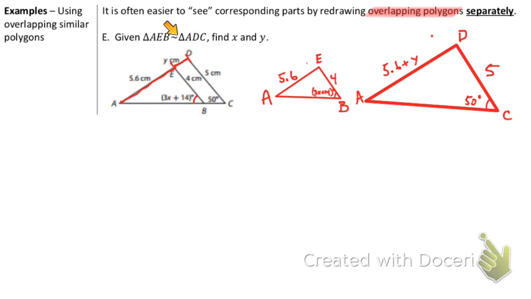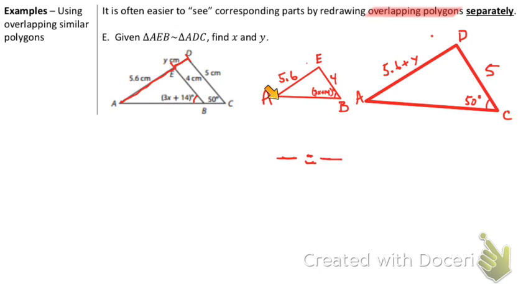I know these two triangles are similar, so I can use the properties of similarity to start matching some sides up. The first one I want to match is A to E. If you look, A to E matches with A to D. When I'm dealing with sides, I'm going to set up some proportions. That means two fractions equal to each other.